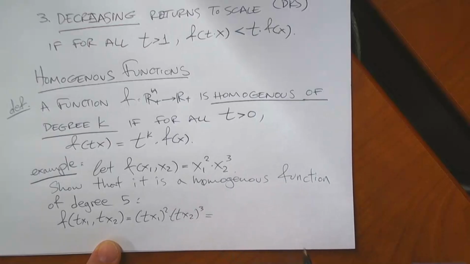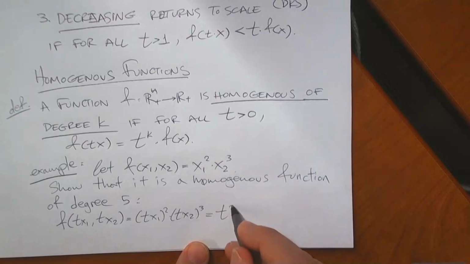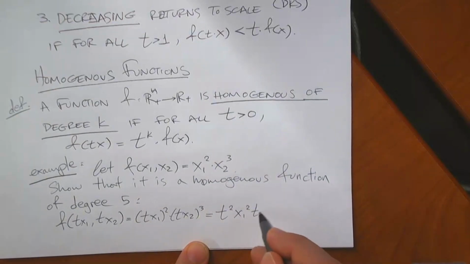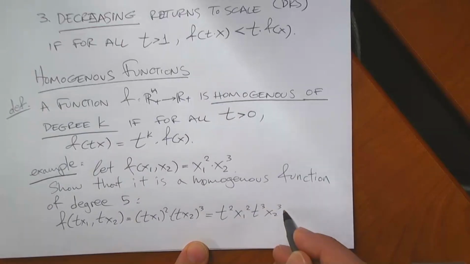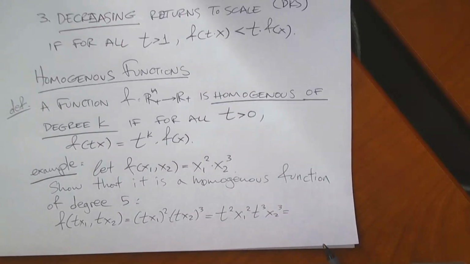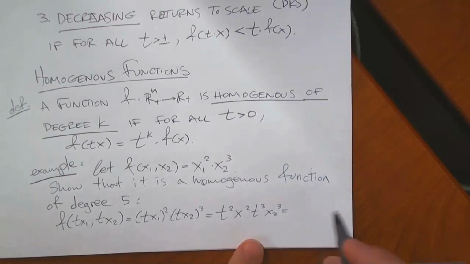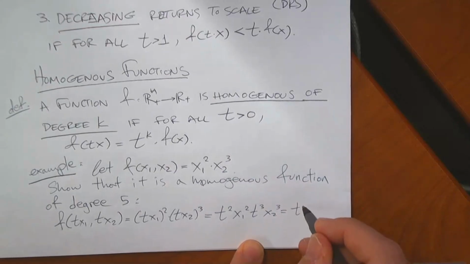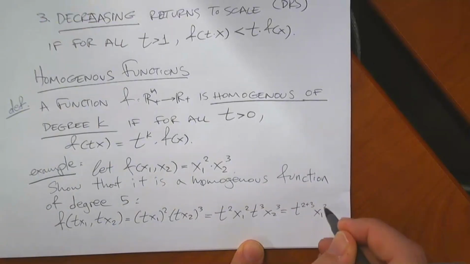That's the functional form, which means that this can be spread out. This can be written as t to the power of 2, x1 to the power of 2, t to the power of 3, x2 to the power of 3. And that also means that you can pull the t's together, you have the same base. So this is going to be t to the power of 2 plus 3, x1 to the power of 2, x2 to the power of 3.